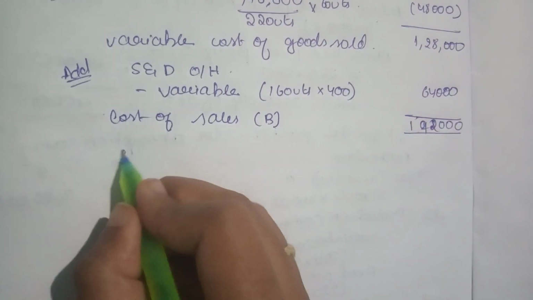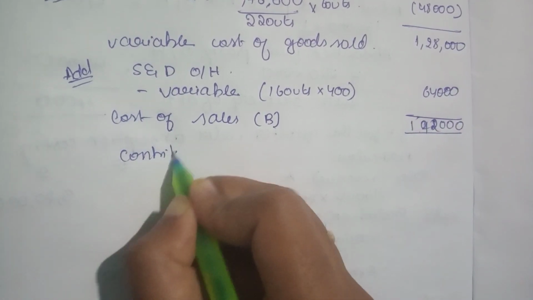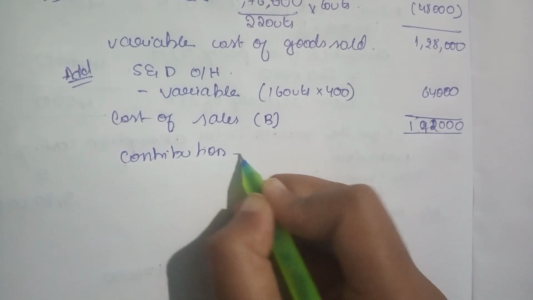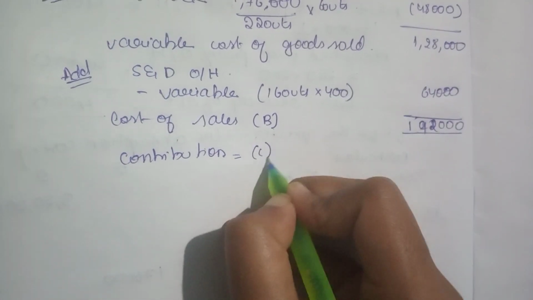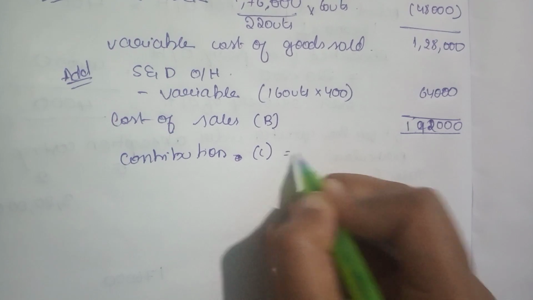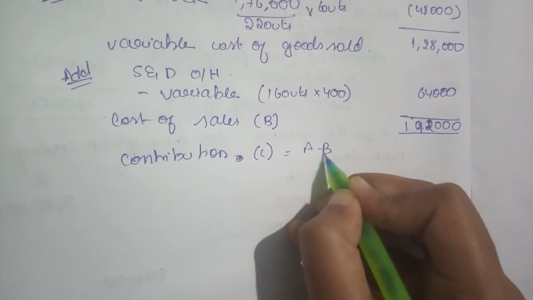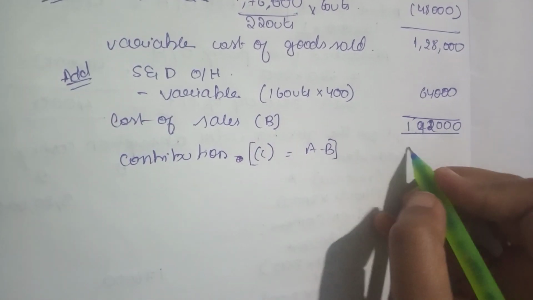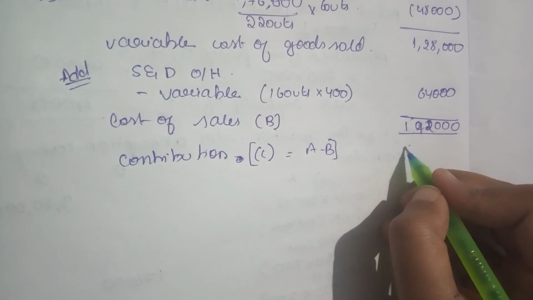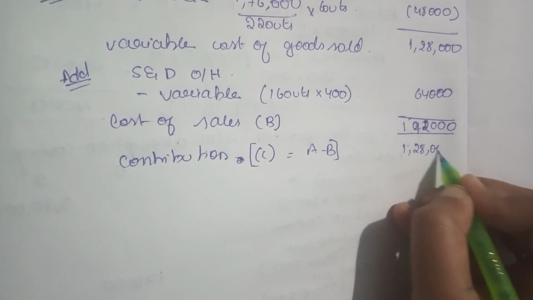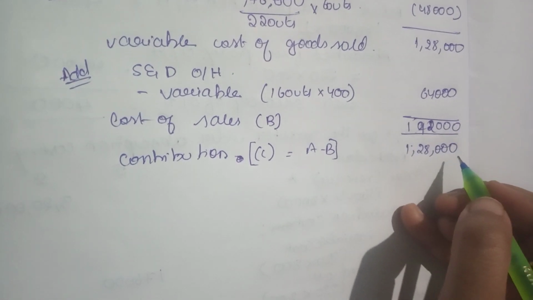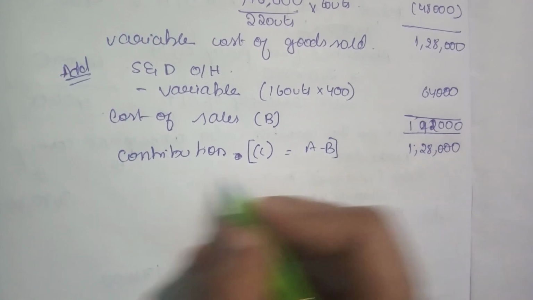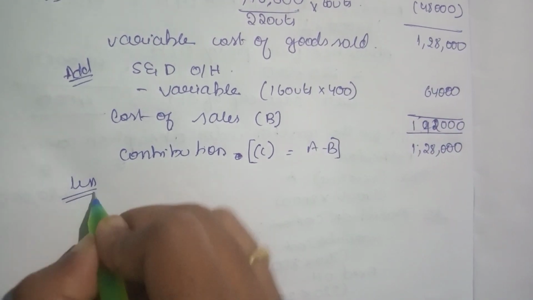So contribution is equal to, this is represented as C. C is equal to A minus B. Okay. So it is 1,28,000, less fixed cost.